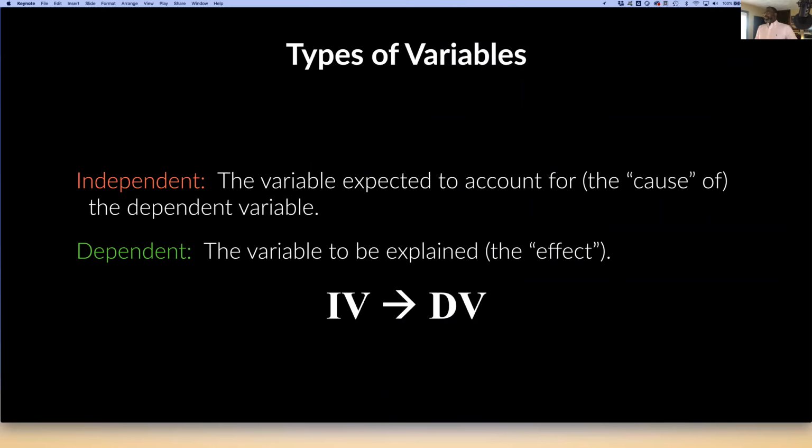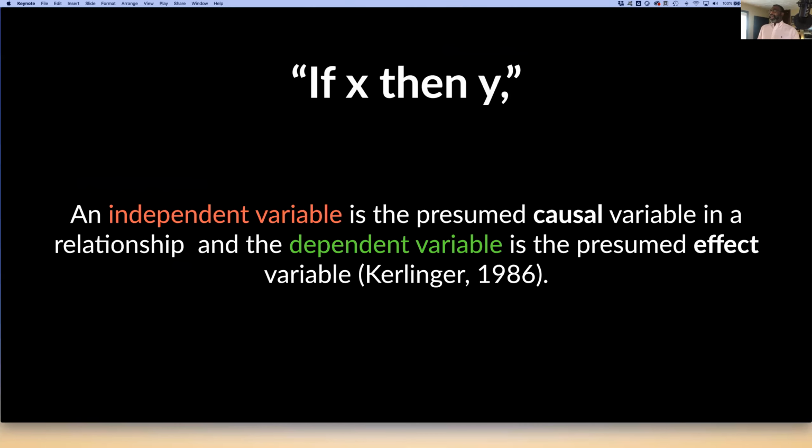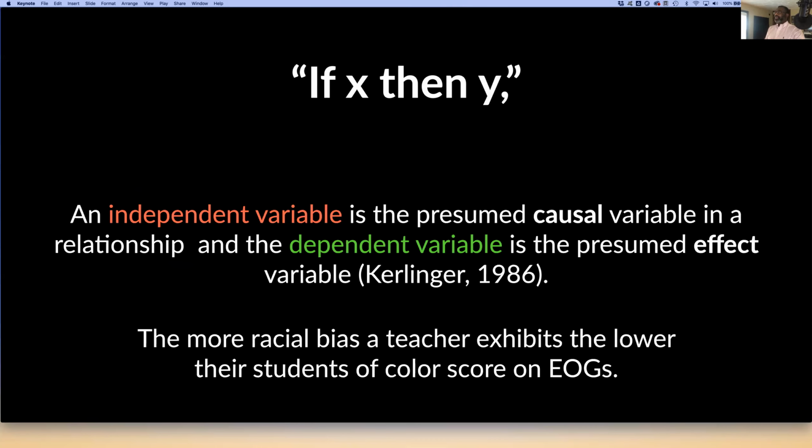So we have two different kinds of variables. The independent variable is the variable that's expected to account for the cause of the dependent variable, and the dependent variable is the variable to be explained, or the effect. Does that make sense? Great. If X, then Y. The independent variable is the presumed causal variable in a relationship, and the dependent variable is the presumed effect variable. The more racial bias a teacher exhibits, the lower the students of color score on the EOGs.